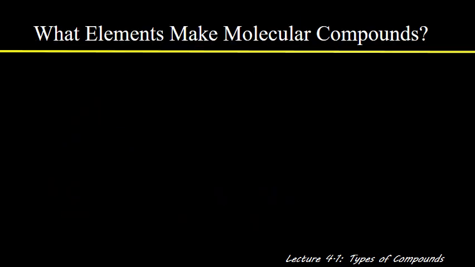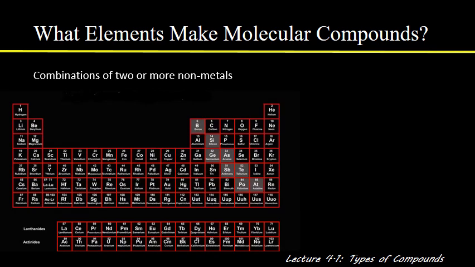All right, so if we're just looking at formulas, like H2O or something like that, and we're trying to determine whether something is an ionic or a molecular compound, again, we can look at the periodic table, and molecular compounds are formed from combinations of two or more nonmetals. And we remember from the periodic table we were looking at a while back, nonmetals are these guys over here. And actually, I'm going to extend this a little bit.